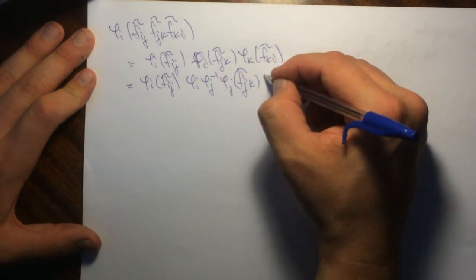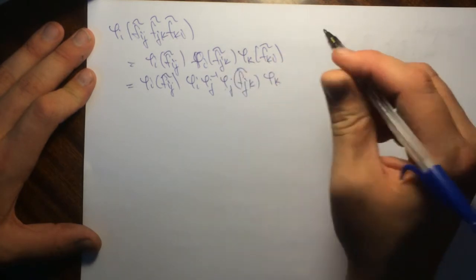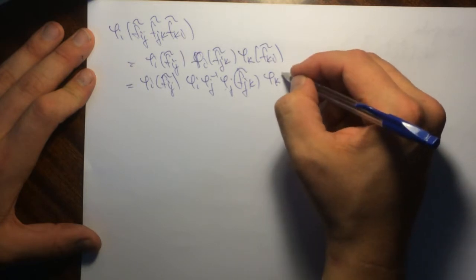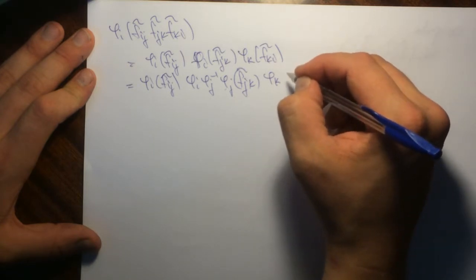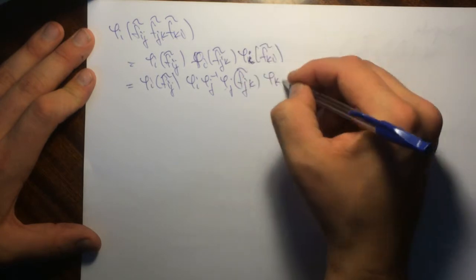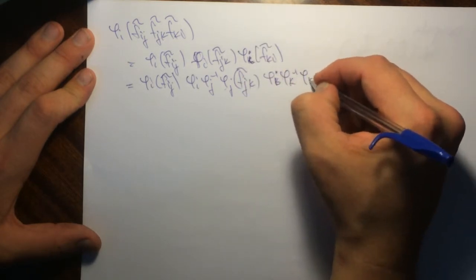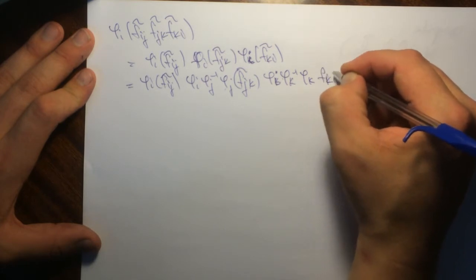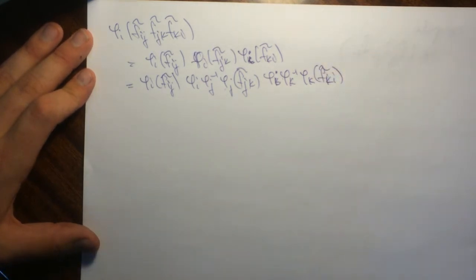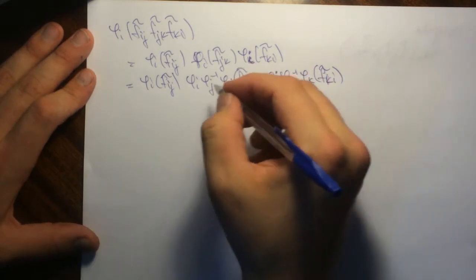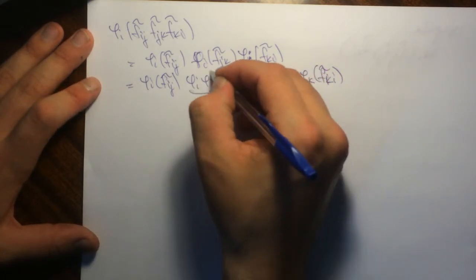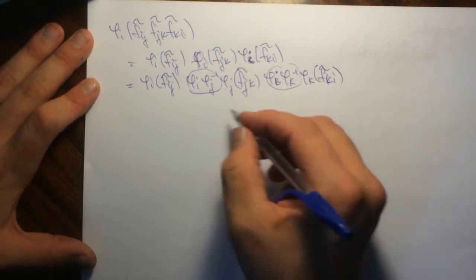Okay. Now we're going to do the same thing. We have phi k. Sorry, this is phi i still. So this is phi i, and then we have phi k inverse phi k, fki tilde, like so. Okay, and then here we're going to get a transition map, and here we're going to get a transition map.